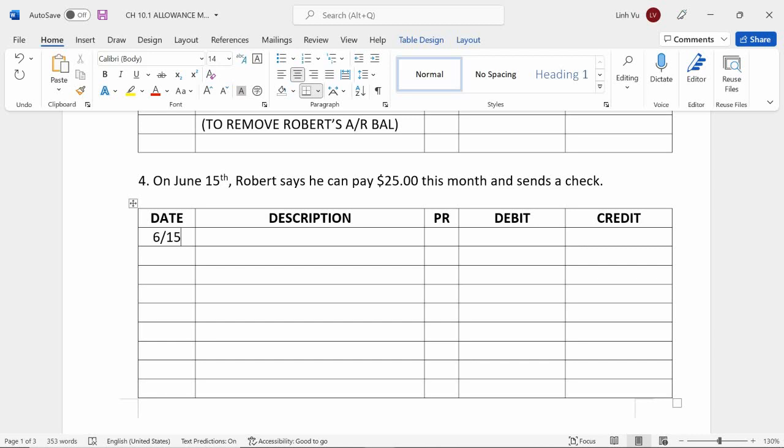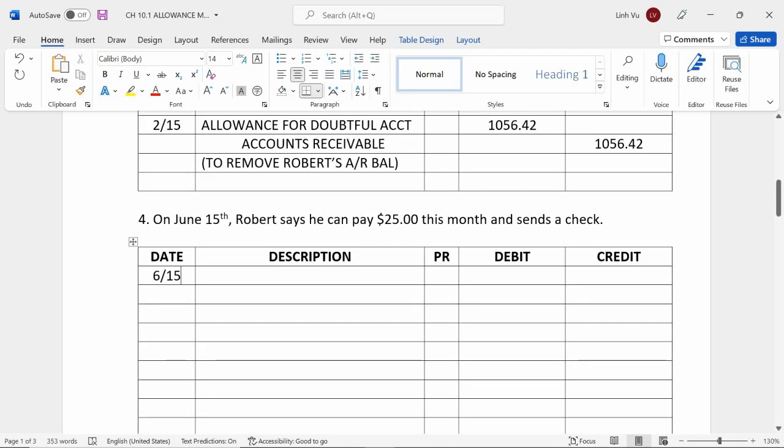Now, in this case, can we actually take it out of the accounts receivable? No, because we froze the account. So what do we have to do? If we froze his account, what do we need to do?